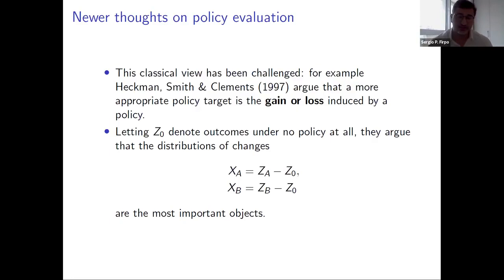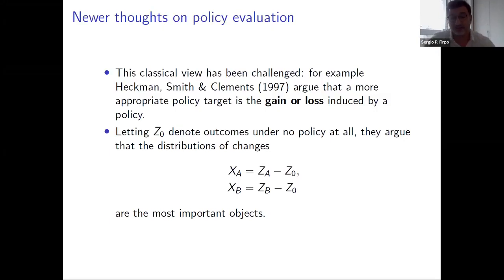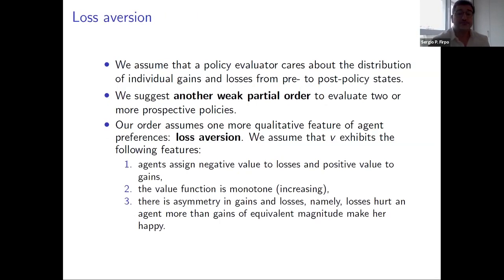We don't know the dependency structure between ZA and Z0. That's the thing. If we knew, then we could have our W, our social value function, using also the joint distribution of those things, which we don't.